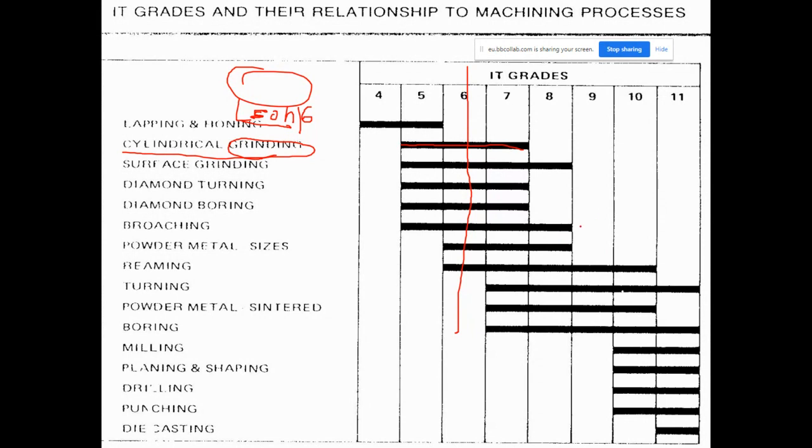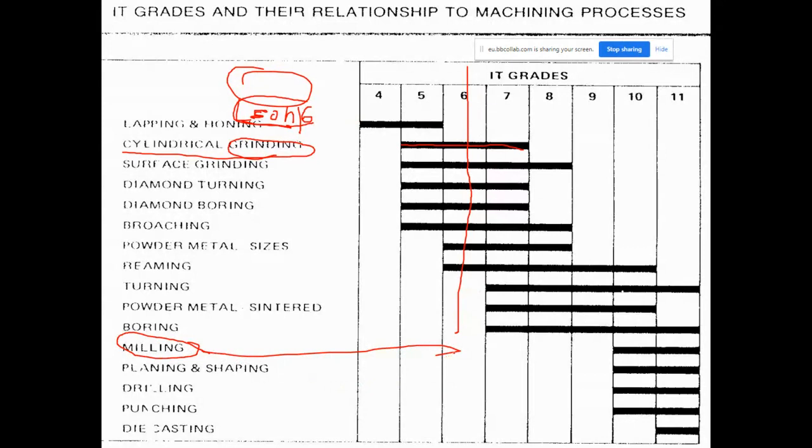Okay. Well, this means applying the grinding process can set the size of this feature. IT grade may be 6. But if you select the milling process, for instance, then you see that for milling, IT grade cannot be 6.